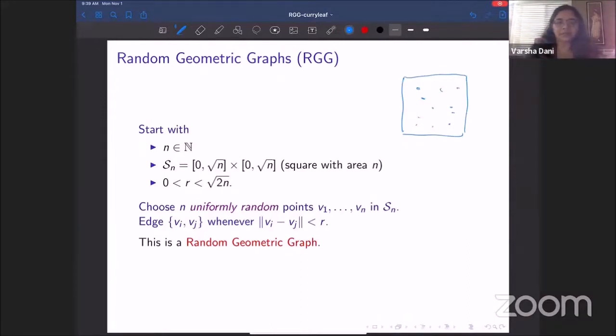I'll put in edges according to that threshold rule, which is that there's an edge between two of them whenever the distance is less than R. So I'm going to briefly stop and ask a question. Does anybody see why I said R is at most square root of 2n? Show of hands.